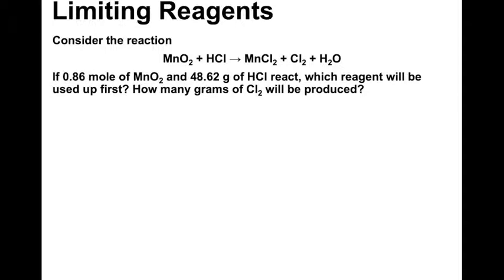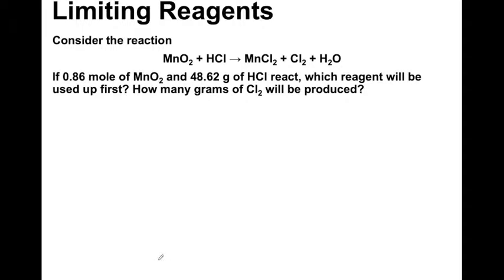Now I'm going to show you a sample problem on how to solve stoichiometric problems with limiting reagents. We have here a reaction and we're given the initial amounts of our reactants. We have manganese dioxide and hydrochloric acid, and we have manganese chloride plus chlorine plus water as the products. Again, in stoichiometry, we need the balanced chemical equation.